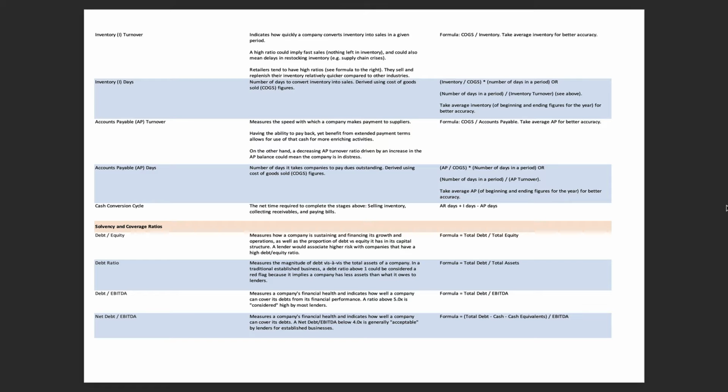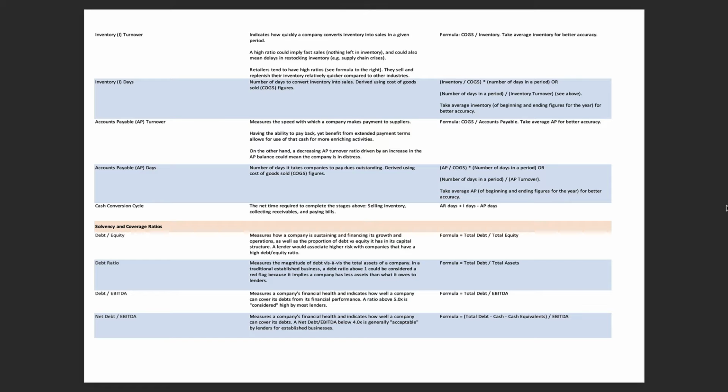by a lower figure, that might be a good sign because it implies that the business has already paid for inventory, but that inventory has been converted to cash, which means that the balance for that inventory is low, and so the business has been able to sell that inventory. It's been quick. So when times are good and there are no supply chain issues, for example, then you would want a high ratio.